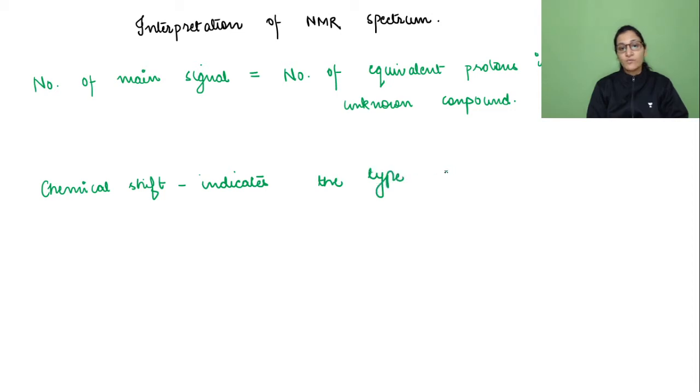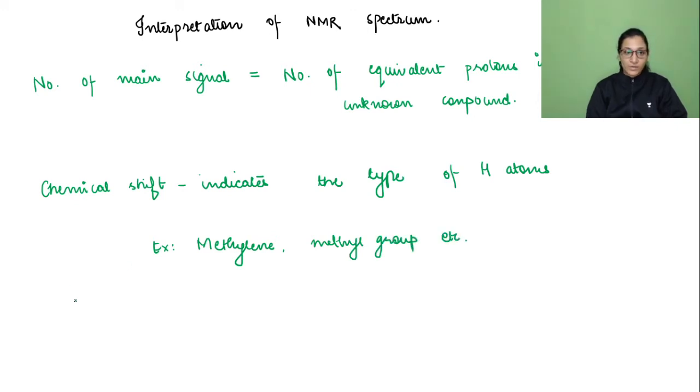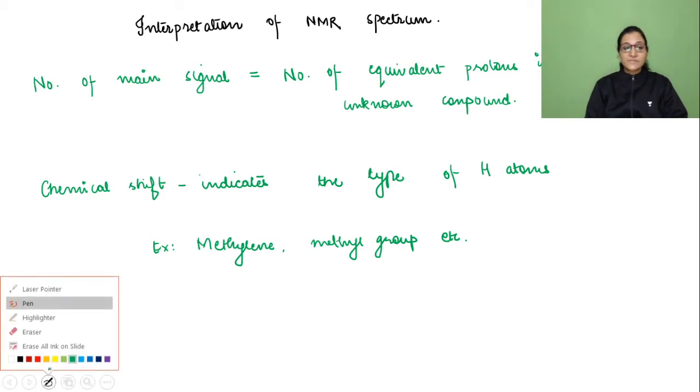So if the hydrogen atoms are present in methylene, methane or any kind of methyl groups, that will be easily understood from the chemical shift it brings about, right? After that, spin-spin splitting.